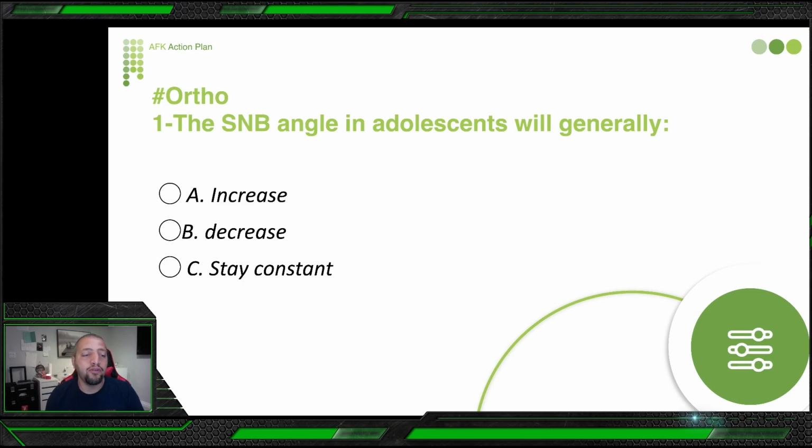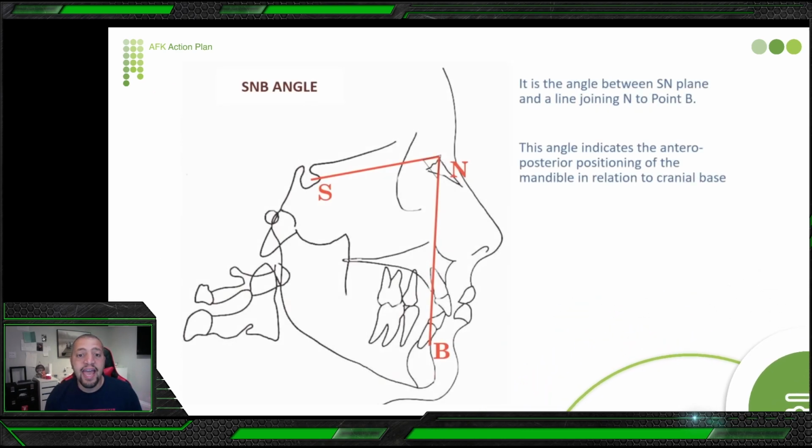But for this one, before we answer it, let's think about what SNB is. SNB is an angle you can trace in cephalometric analysis. This angle connects sella turcica, nasion, and the mandible's B point. It represents the relative relationship between the mandible and the base of the skull, and you use nasion as a medium between them.